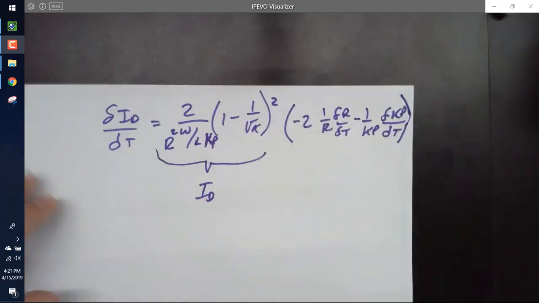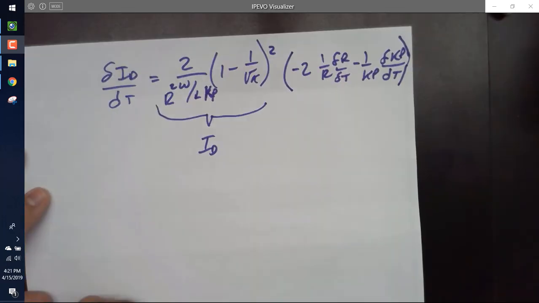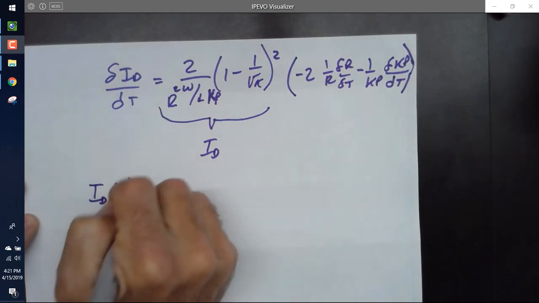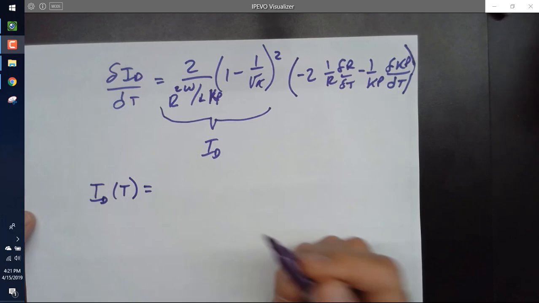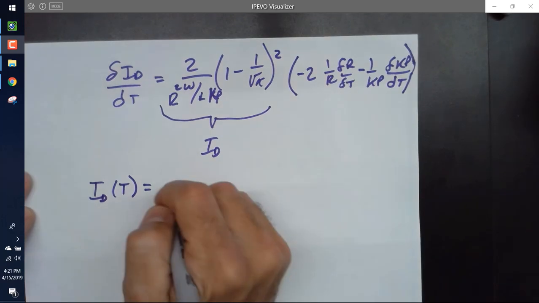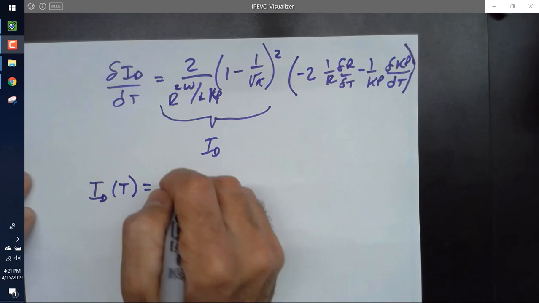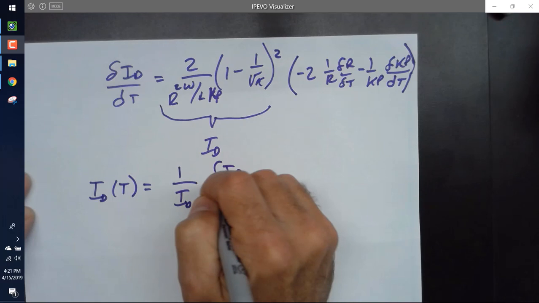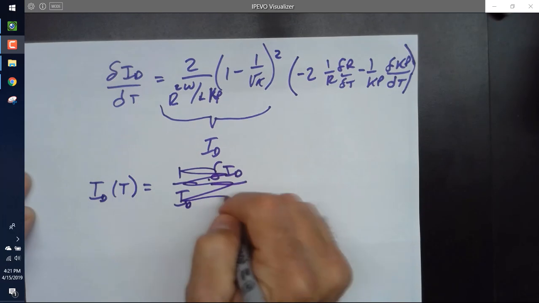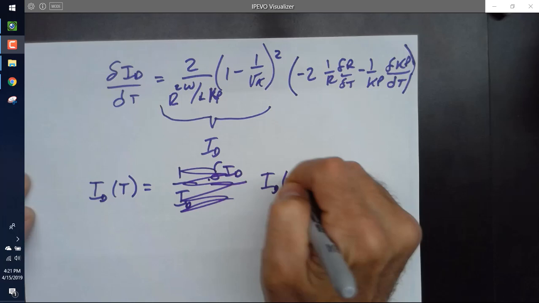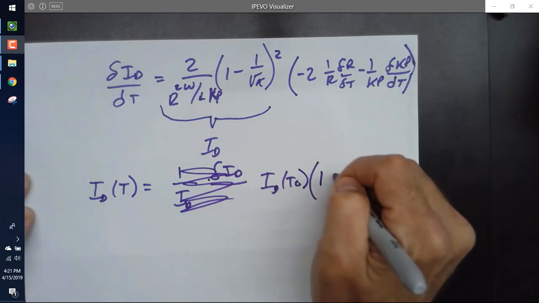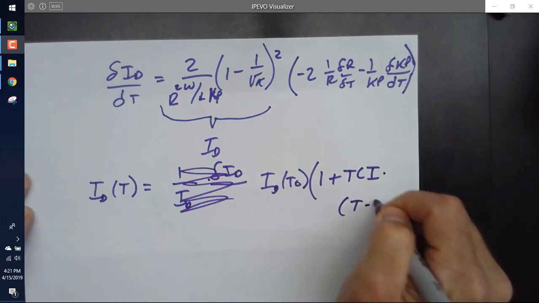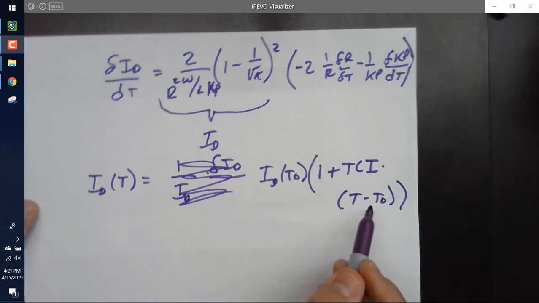So now let's write how the drain current changes with temperature. I'm going to write this and you tell me if I need to derive it again. It will be ID of T0 times 1 plus TCI times T minus T0. Do you all know where this came from?